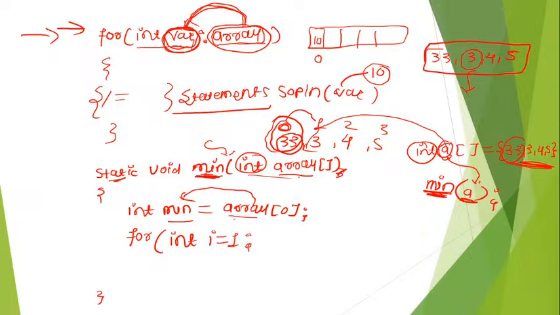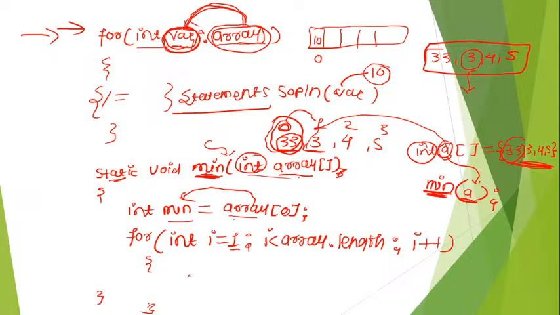This time I started from 1 because we already got index 0, so this 0 will compare with this 1. Then i less than array dot length, and i plus plus.